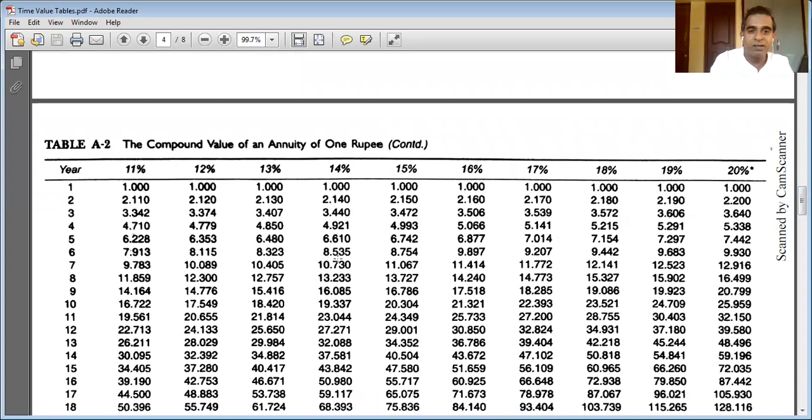Which one is closer, 10.730 or 13.233? 13.233. So what is the corresponding year? Yes, 8 years.